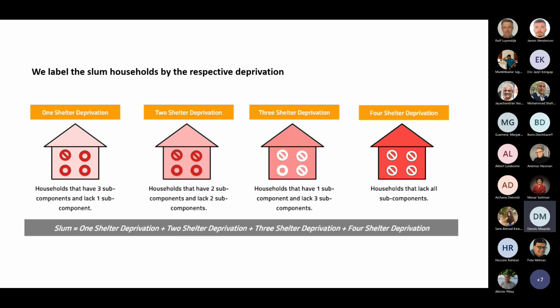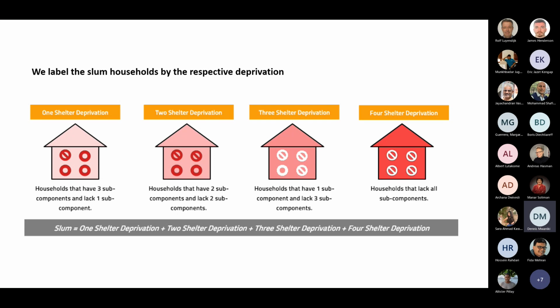And I want to just emphasize that these are mutually exclusive classes. So one shelter deprivation would be when a house has only one component missing but has the other 3. Two shelter deprivations is where you only have 2 and don't have the other 2. And 3 is where you only have one and do not have the rest.